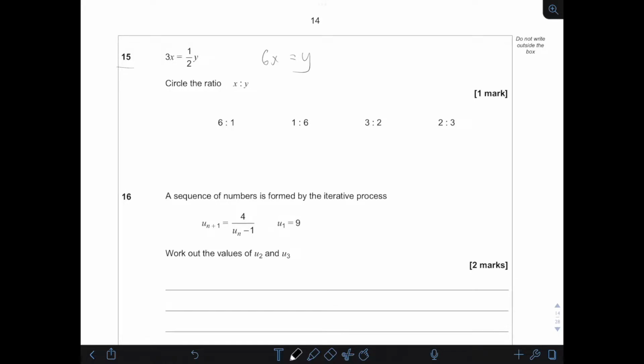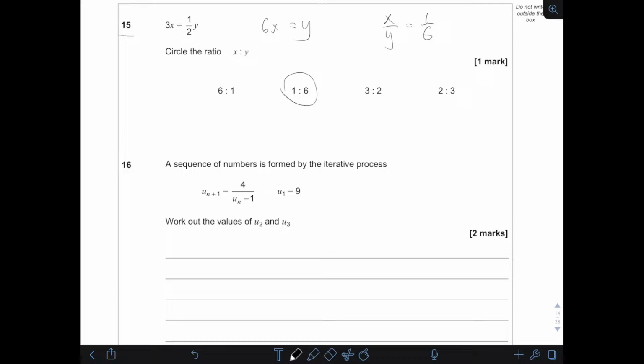convert the setup such that we get a fraction of x over y. In this particular case, it would be 1/6, which means that y is 6 times the size of x, which is 1:6 ratio, which is this one over here.